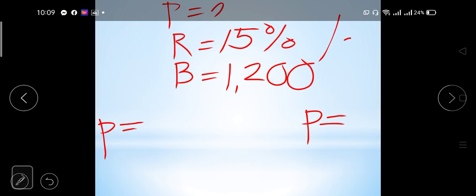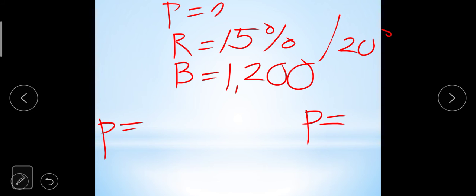So what is the 15% of 1,200, Vika? 15% first and then later the 20%. 15% of 1,200, Vika.